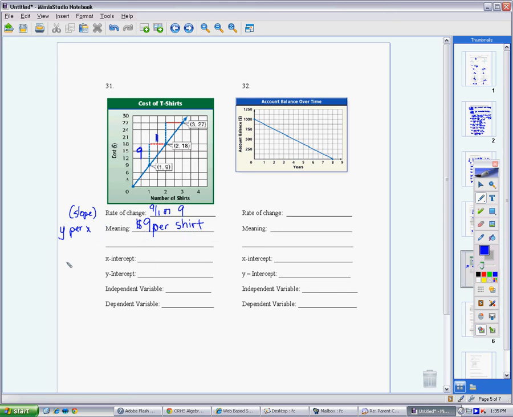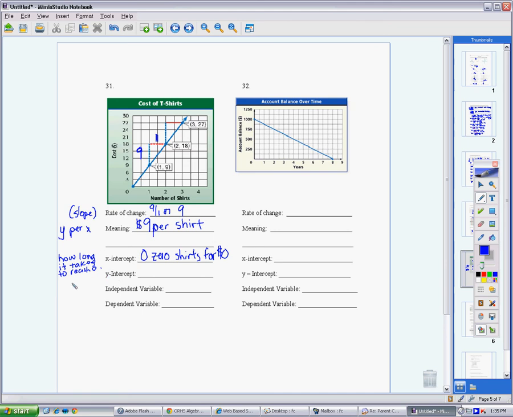The x-intercept, that's how long it takes to reach 0. So my x-intercept, I'm starting at 0. So I got to sell 0 shirts for $0.